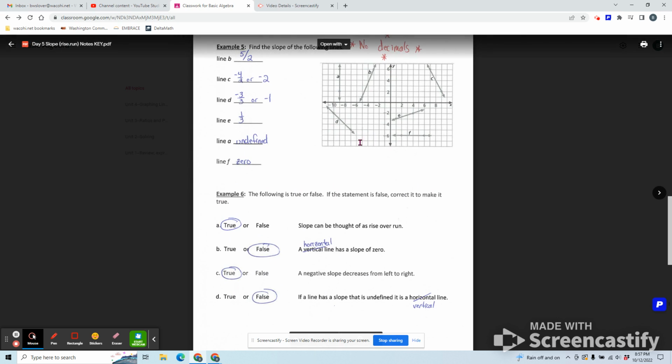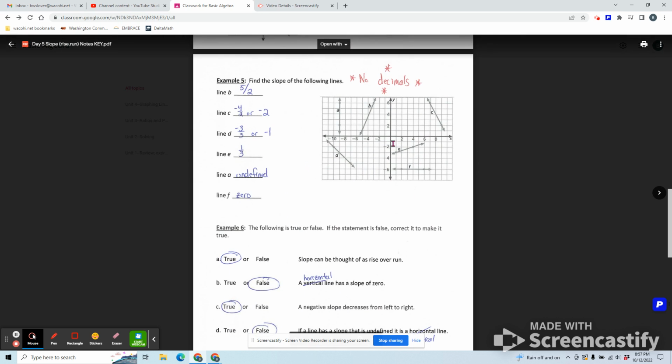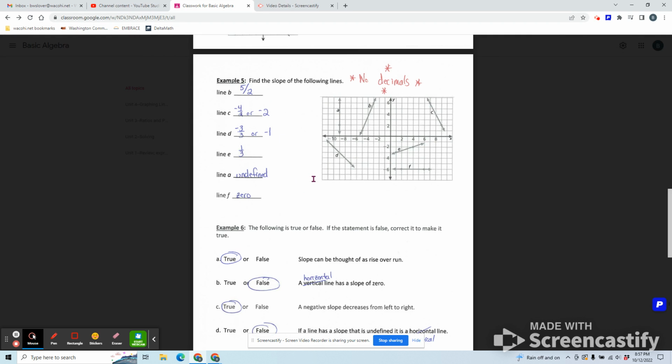And this is asking me to find the slope again, but now I just have a bunch of different lines. Notice that I wrote no decimals. So I don't want you to take 5 halves and turn it into 2.5. I don't want you to turn it into a mixed number of 2.5. Leave it as a fraction. Because eventually we're going to do something with that slope, whether we're going to graph it or whether we're going to compare it to other slopes.